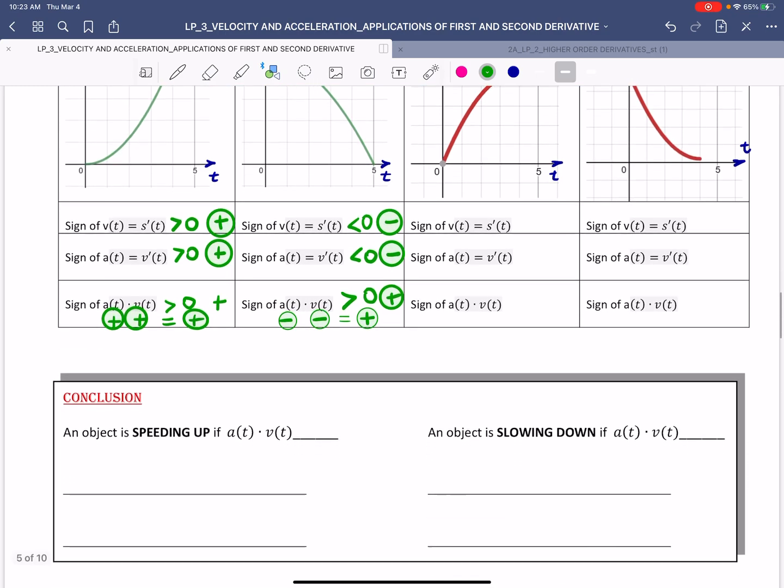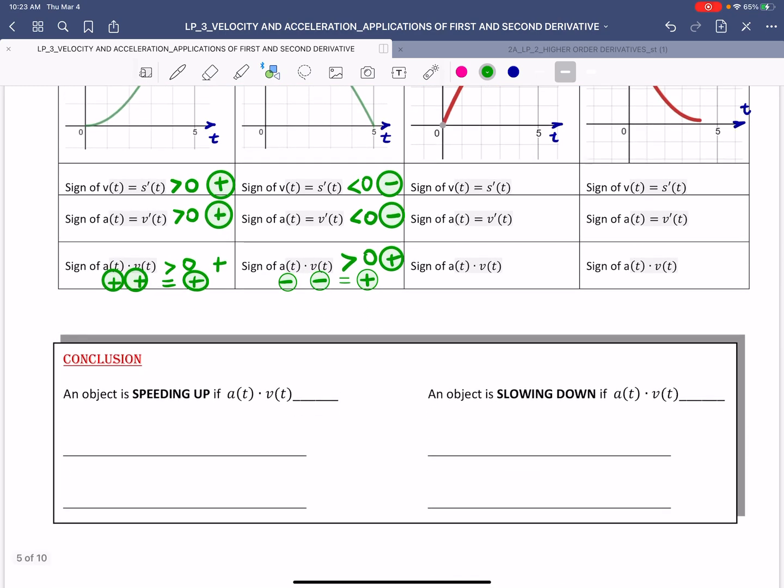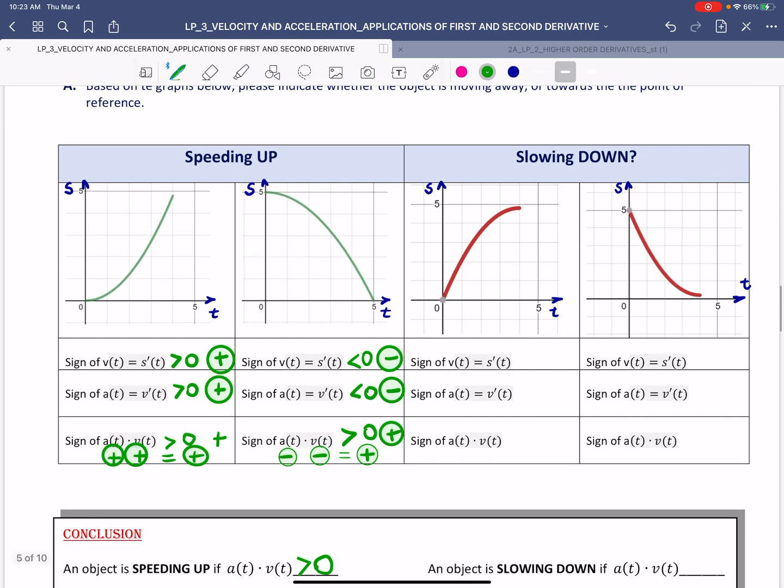In conclusion, an object is speeding up if the product a times v is positive, which means that either both velocity and acceleration are positive or both are negative, so they must have the same sign. Now let's take a look at the last two graphs.